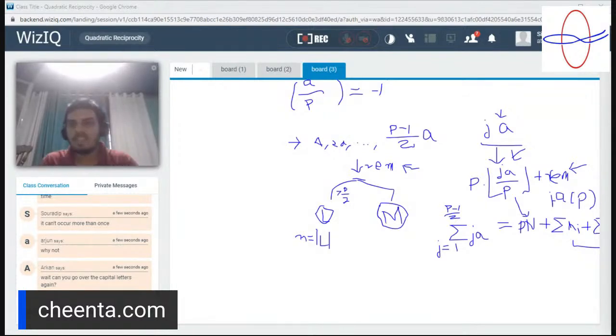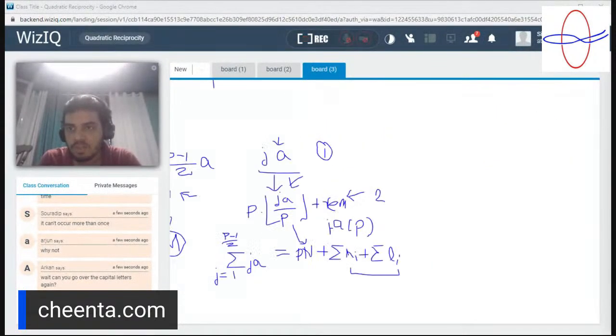So let me just write this as 1, 2, then the movement from here to here is 3, and the movement from all of the remainders to Mi plus Li would be 4, right?